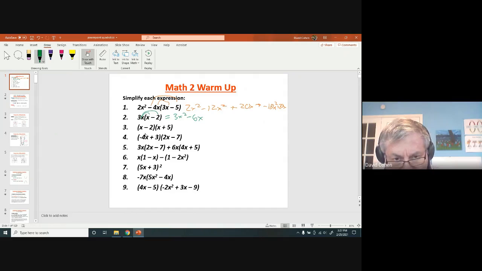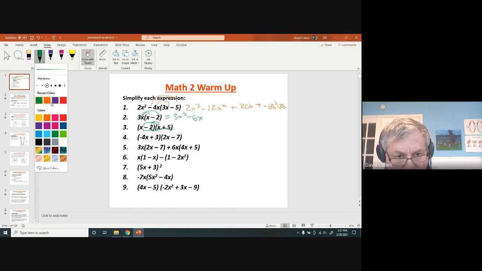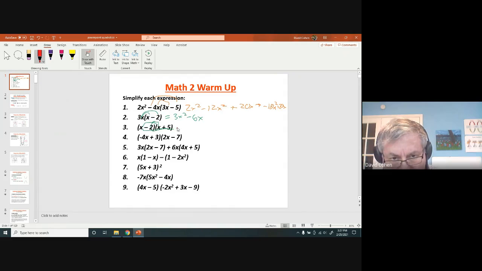Here we've got a complete FOIL. First, outside, inside, last, go with red. And if I start with the x's, it's x squared. Outside is 5x. Then the inside is negative 2 times x.